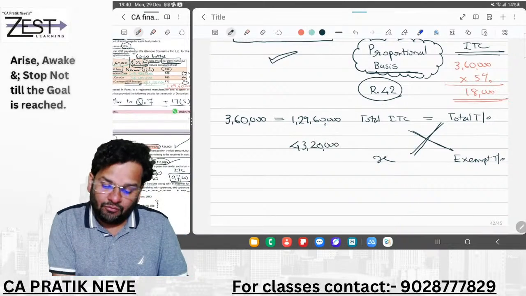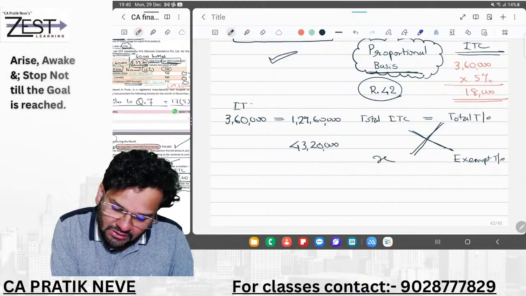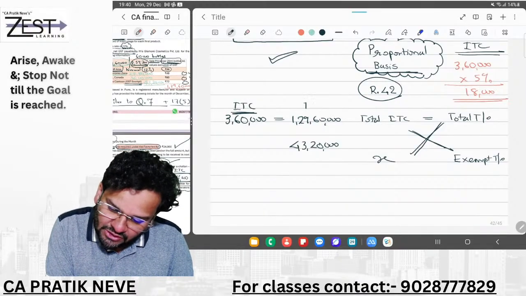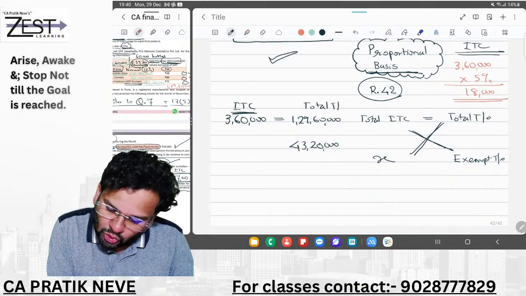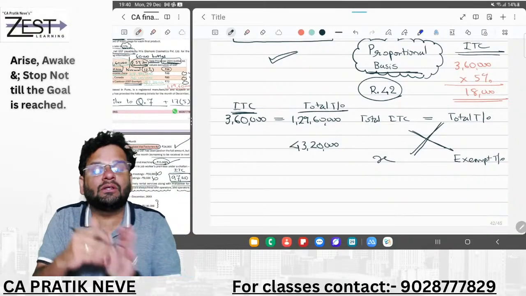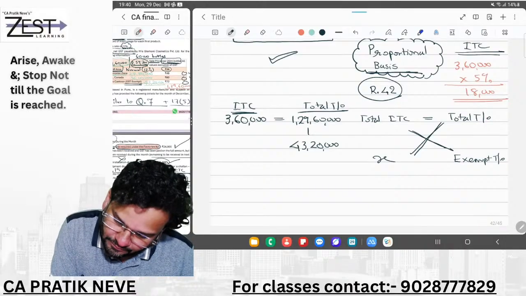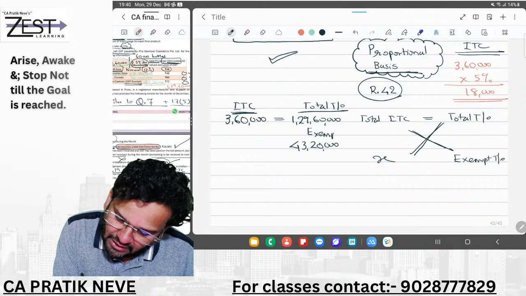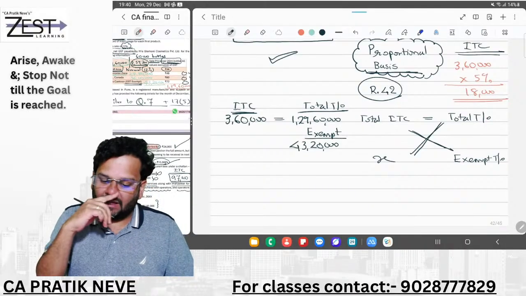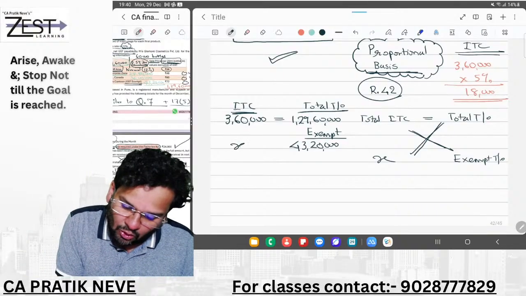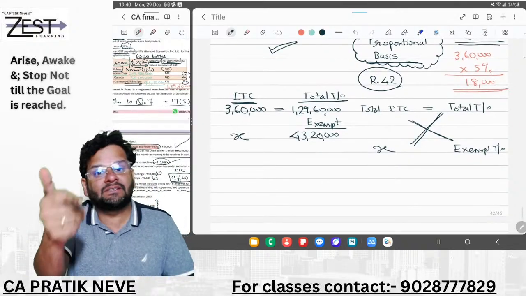So if 3 lakh 60,000 was ITC, which is used for total turnover of 1 crore 29 lakh 60,000, then if the exempt is 43 lakh 20,000, how much ITC will be for exempt?